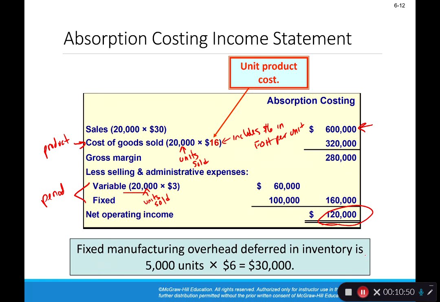Anytime you want to figure out the difference between variable and absorption costing, here's a simple little formula that you can always use. The difference in NOI for variable and absorption equals the change in inventory times the fixed overhead per unit produced.